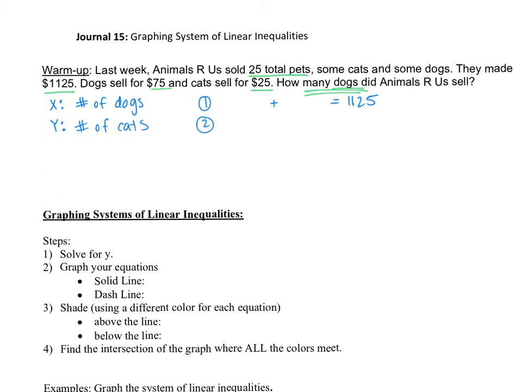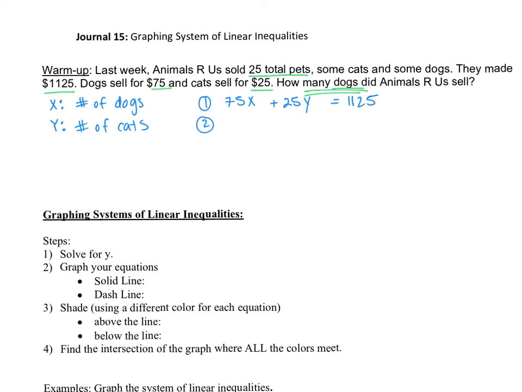So if I took the number of dogs multiplied by the price of dogs, so 75 times x, and the price of cat multiplied by the number of cats, then I can make an equation where when I add the total amount from dogs and the total amount from cats, how much I made from both sets, I can get the total amount of money I made for that sale. And so in this case, I've written one equation.